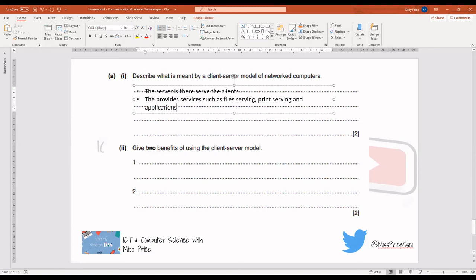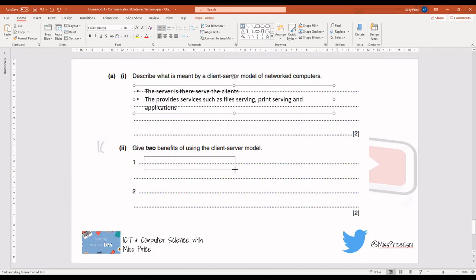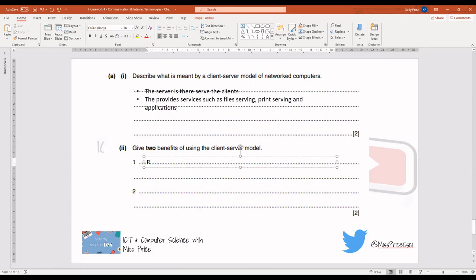Now, two benefits. This is very, very easy, and we discussed this in class before. One benefit is that resources can be shared. This can be space on a server, a printer, it could be anything. That's the biggest thing about the client server model: resources can be shared.